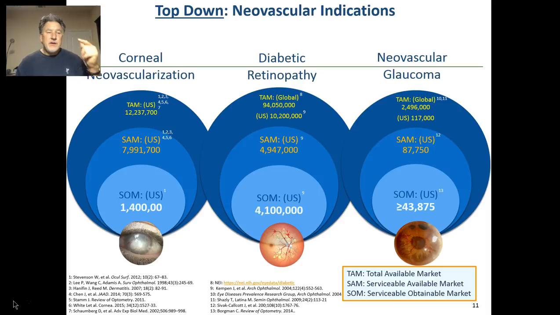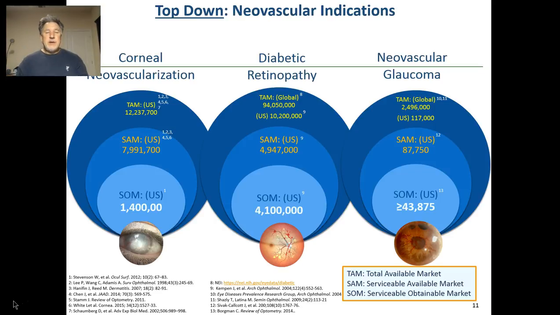It could be in the front of the eye, which is like the cornea. It could be in the back of the eye, and particularly if you have diabetes. Or it could be in certain other parts in the middle of the eye, which may affect pressure.